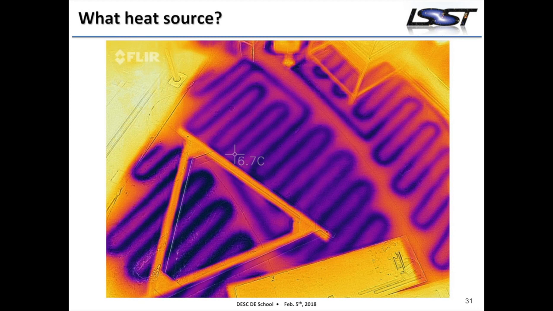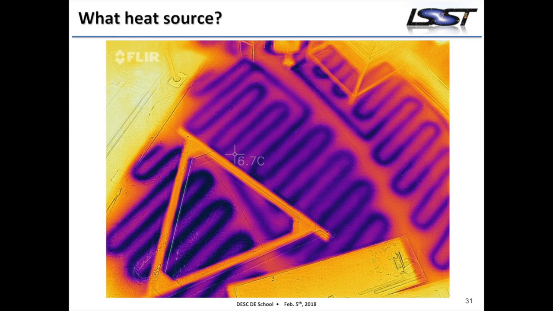All right, Chris wants to tell you what we're looking at. It's a thermal picture of the dome floor, southwest corner of the floor. The temperature is what? It's 6.7 centigrade. Warm or cold in the summer in Chile?